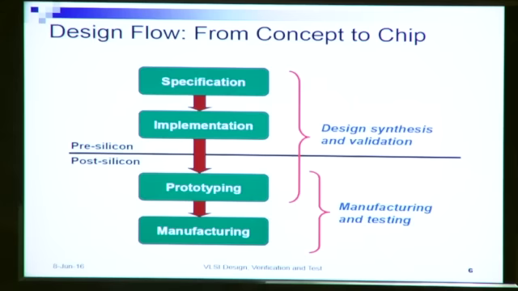Also, after we have prototyped, we have to see that the prototyped chip is error free. We have to test it. So testing means on the implemented chip we drive certain test vectors to find out whether there are faults in the chip, right? So that is called prototype testing.